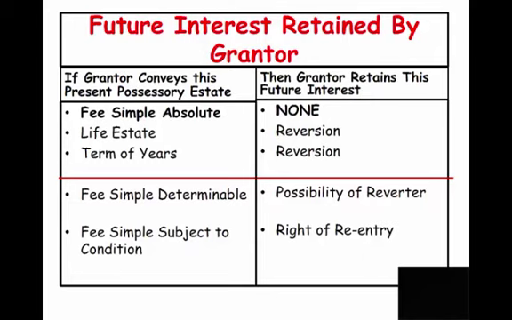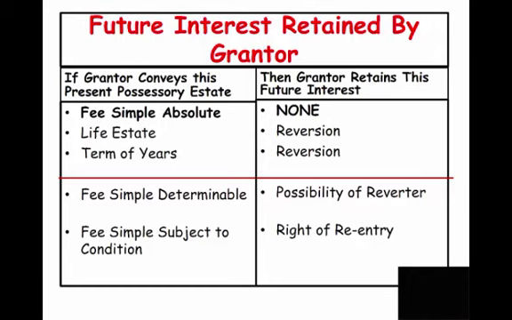So a reversion does not cut short a preceding estate. It waits until the natural end of the preceding estate and then becomes possessory. By contrast, if a grantor conveys a fee simple determinable or a fee simple subject to a condition, then the future interest retained by the grantor cuts off the interest of the grantee.